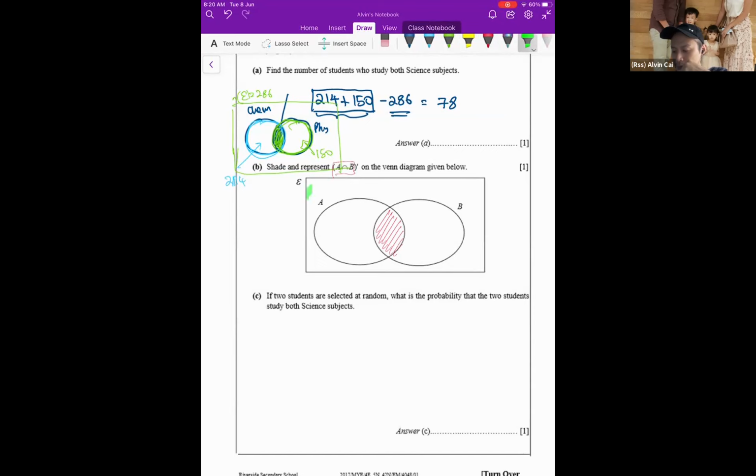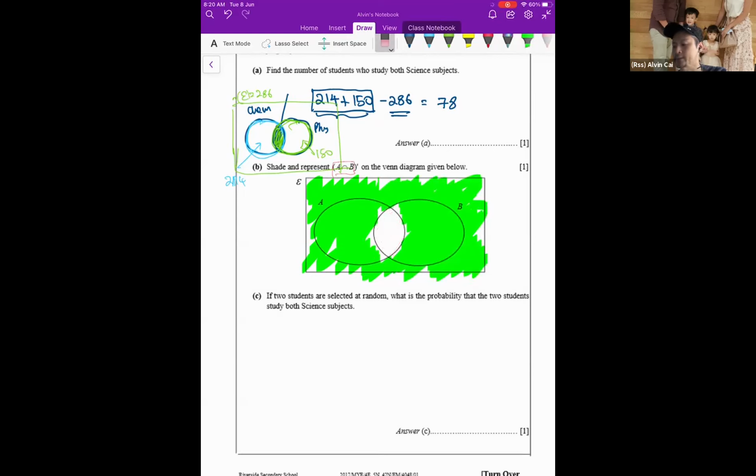So basically your answer will be anything straight outside here, and just leave the one in gray blank. So this will be the answer, and of course if this is erased, this will be the answer for part B.